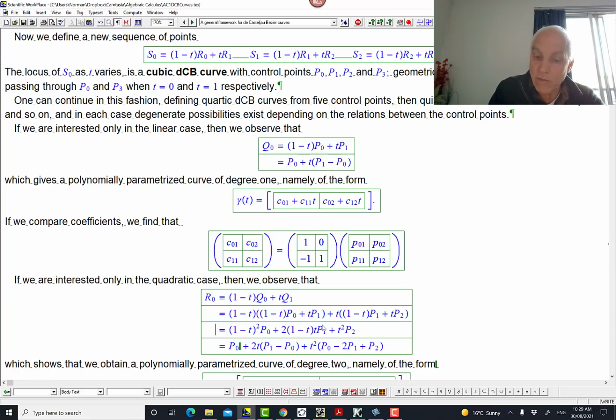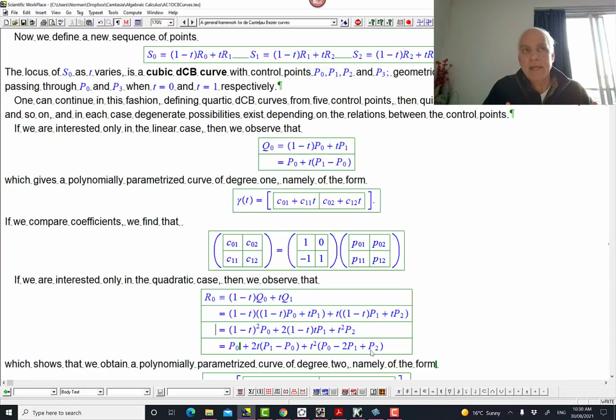And if we want to, we can rewrite this in a similar way as we rewrote this, as an expression in powers of T. So the constant term will be P0, which only appears here, plus 2T times P1 minus P0, plus T squared times P0 minus 2P1 plus P2. What's this telling us? This is telling us that we're obtaining a polynomially parameterized curve of degree 2.